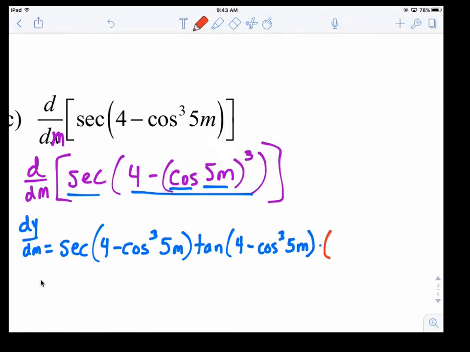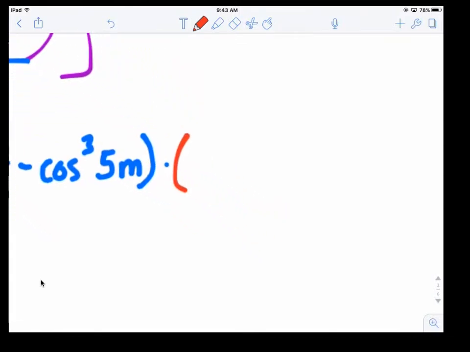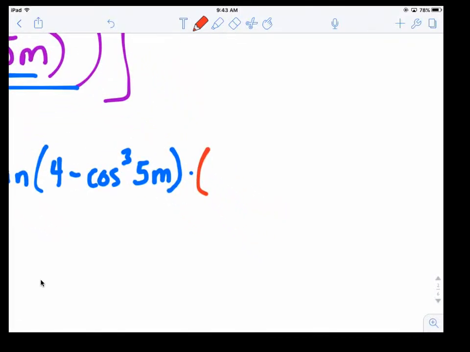The derivative of 4 is 0, and then you have negative 3 cosine of 5m squared.